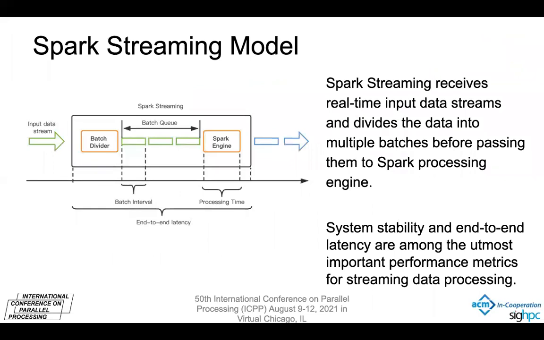An increasing number of big data applications in various domains generates datasets continuously, which must be processed for various purposes in a timely manner.